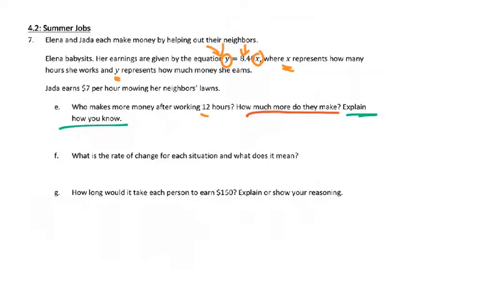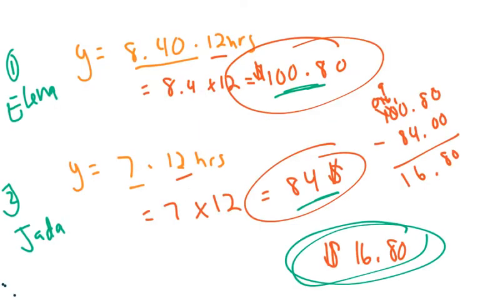F says, what is the rate of change for each situation and what does it mean? So remember that a rate of change is when you do your change in y divided by change in x. So if we look at our data here, this is our y value, right? And this was our x value.